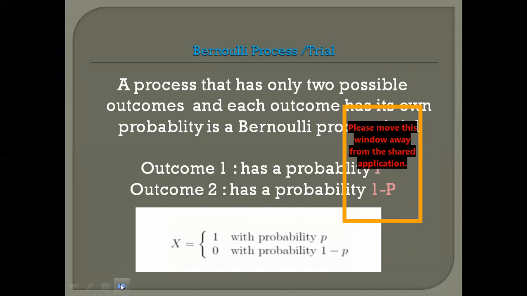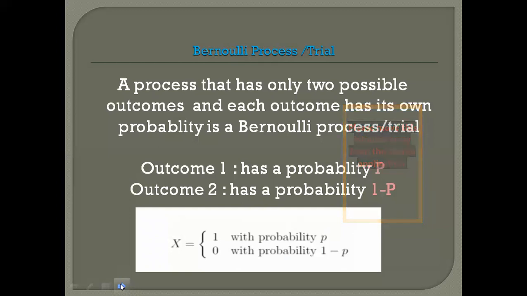Or another example of a Bernoulli process is either you fail a test or you pass a test. So the maximum outcomes are two, and one at a time, and each outcome has its own probability.